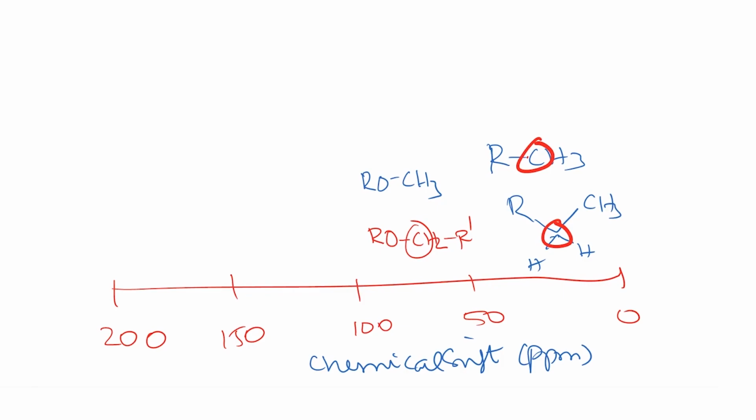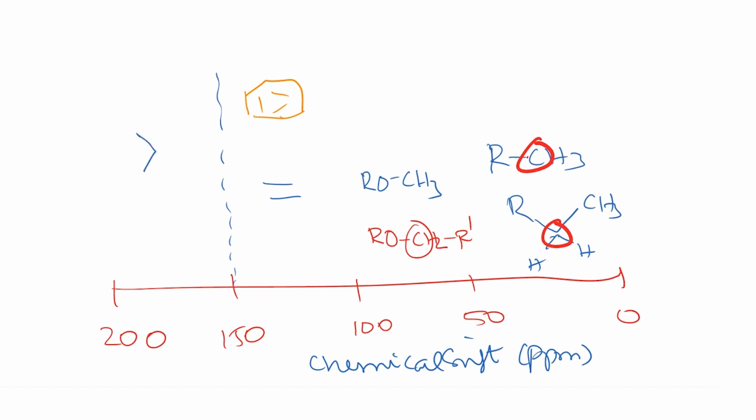Okay. In the carbon NMR, interestingly, both olefins and aromatic compounds, which we will look at in detail later, show up at around the same range between 100 and 150. So, this is the region where the aromatic carbons show up.